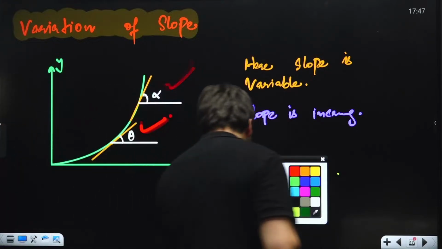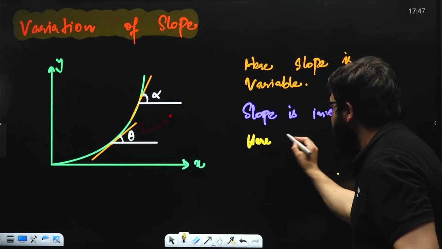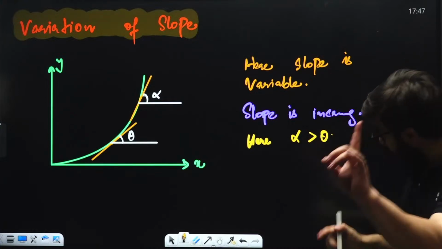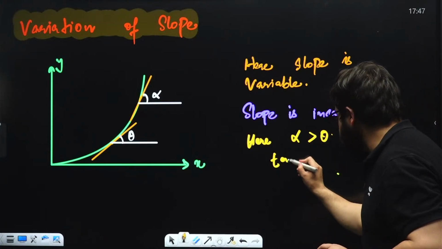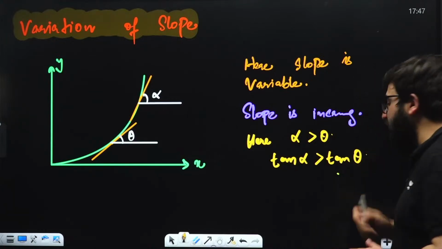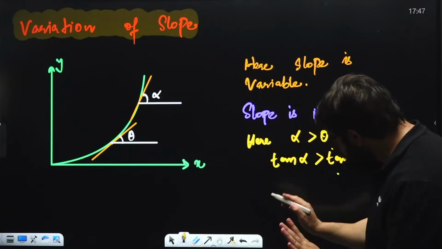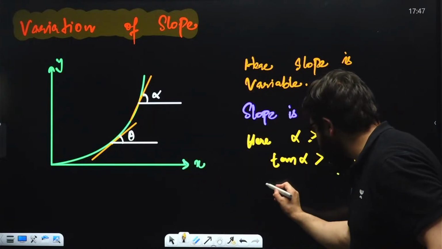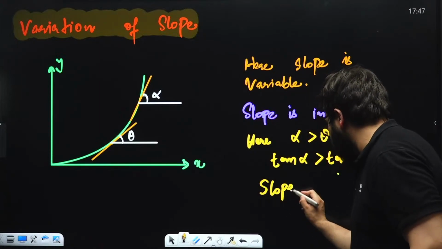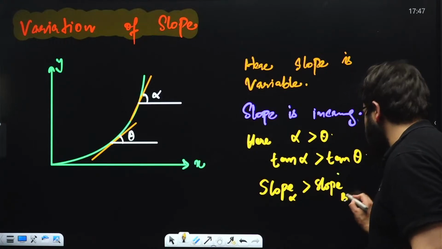We say alpha is greater than theta. So I can say tan of alpha is greater than tan of theta. If tan alpha is greater than tan theta, don't you think the slope at alpha is greater than the slope at this point B?